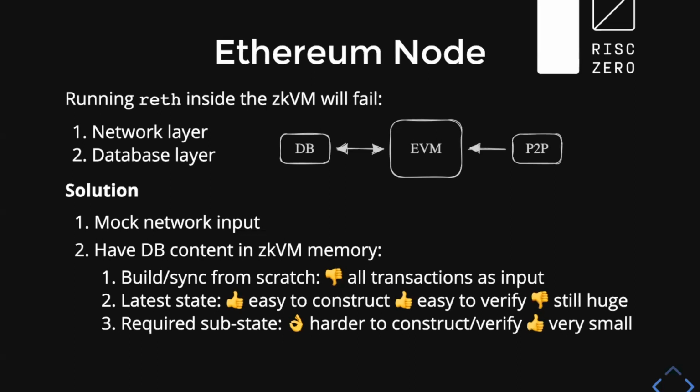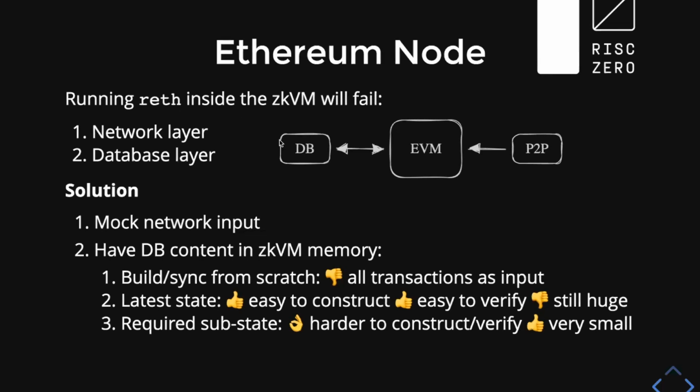This is a bit trickier to do, but it's still possible. The advantage, the final goal we achieve here, is that it can be very, very small. We are then only talking about a few hundred accounts, which is absolutely manageable. And while doing this, we see that we don't need a full Ethereum node.